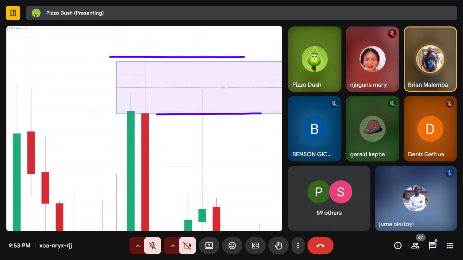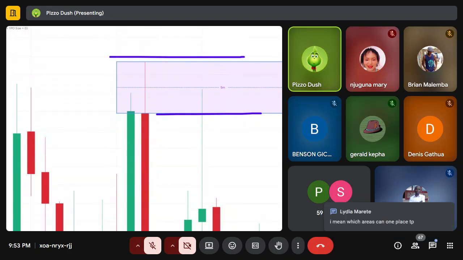So unaweza jua ni ipi itakuwa respected most? Utajua kwa yenye itakuwa na volume kubwa na delta kubwa. Ukipata ya 1 hour maybe iko 30 but ya 15 minutes iko 60, there is high probability ya 15 minutes itakuwa respected. Okay, sawa, asante.